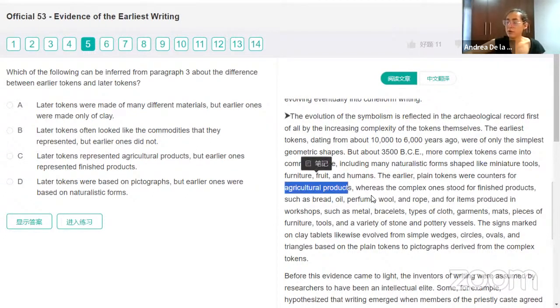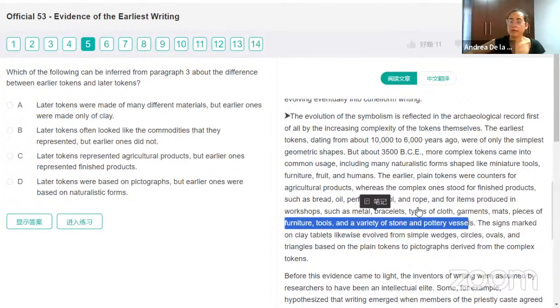Mientras que los últimos contaban productos terminados, como pan, perfume, brazaletes, ropa. Aquí dice muebles, herramientas, pottery vessels. Entonces, later tokens represented agricultural products, but early ones represented finished products. Esto es lo opuesto, ¿verdad?